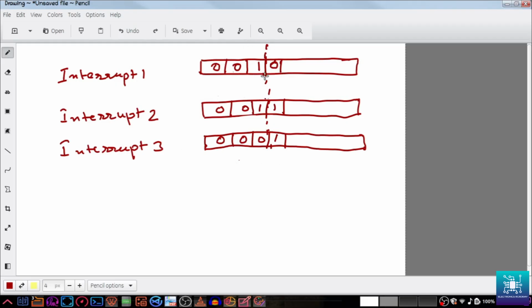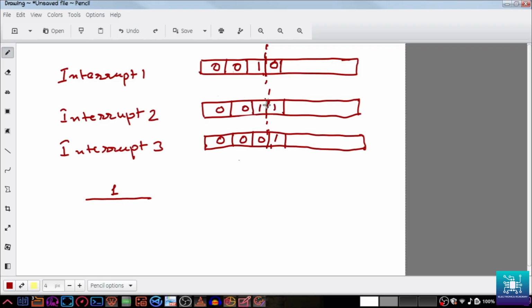Now let's split up the fields and make 3 bits one group and the sub priority 1 bit. So let's say that interrupt 1 is executing here, and interrupt 2 comes in at that point.